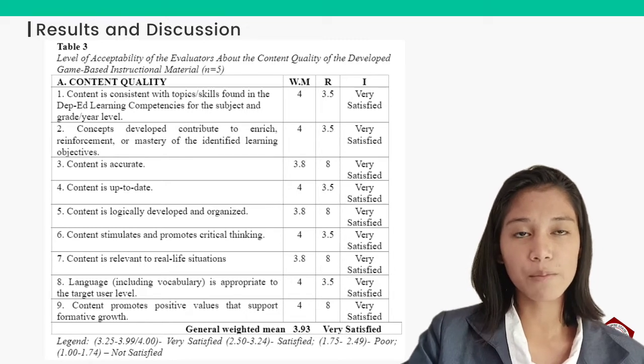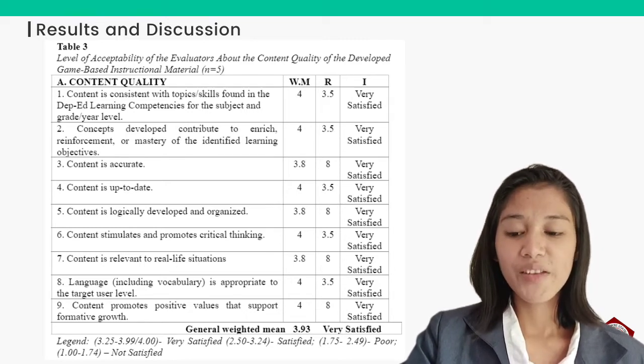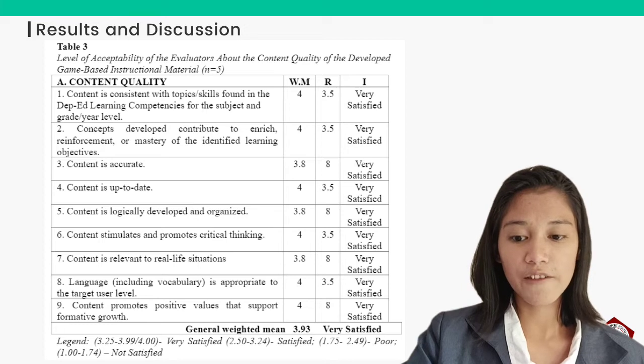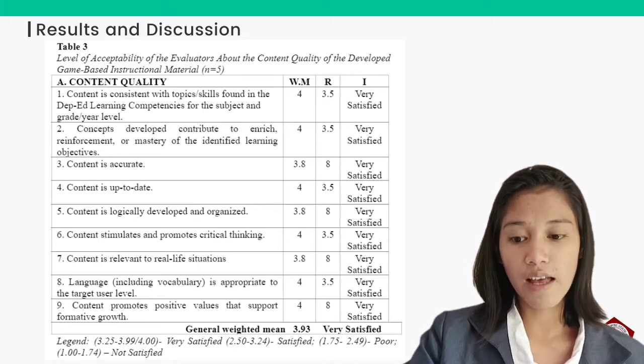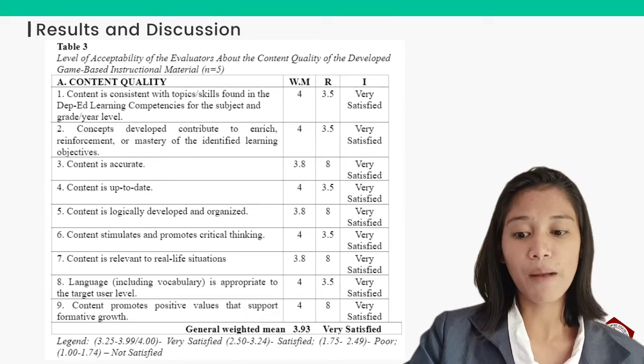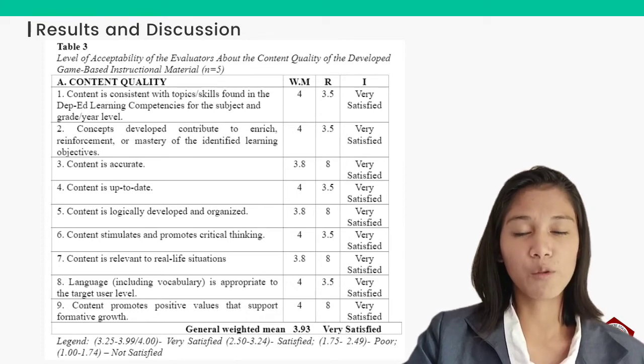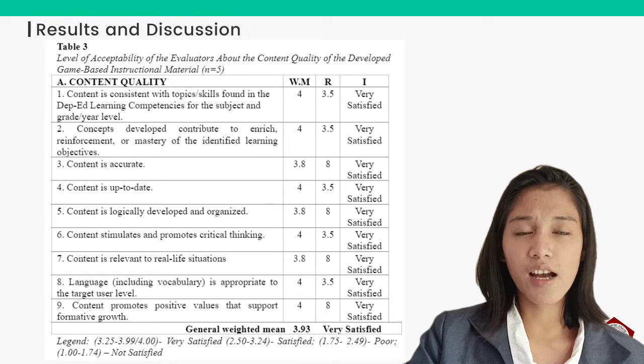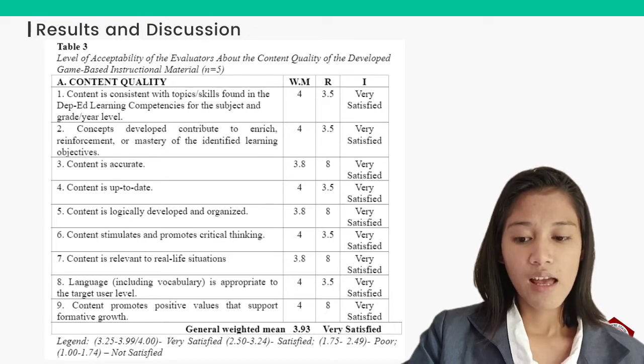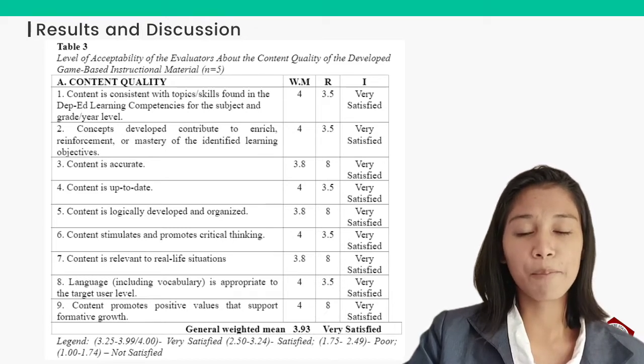Content stimulates and promotes critical thinking. Content is relevant to real-life situations. Language is appropriate to the target user level. And content promotes positive values that support formative growth. As you can see, they are all very satisfied, and the general weighted mean is 3.93, which is also very satisfied.